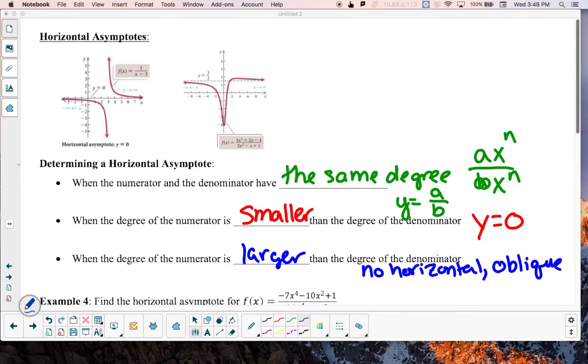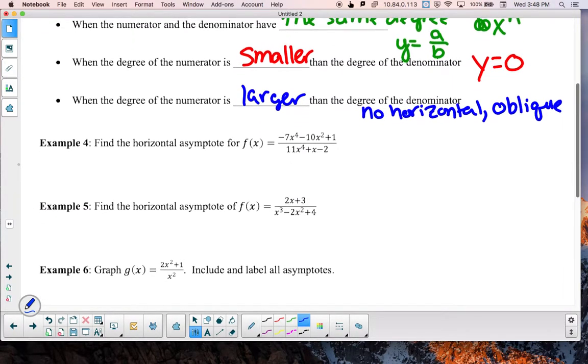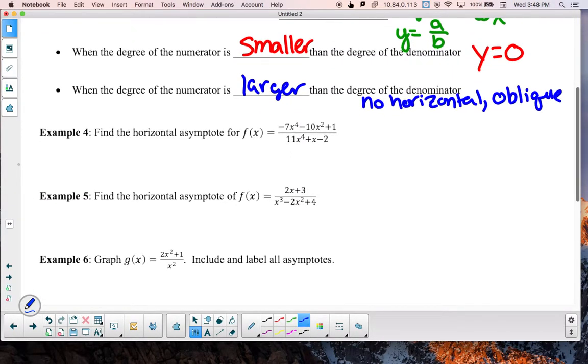So if we look at these examples, if we want to find our horizontal asymptote, we first need to look at the degree. So we're just looking at our first terms. In this case, our degrees are the same. They are 4. And so our horizontal asymptote is y equals -7/11.